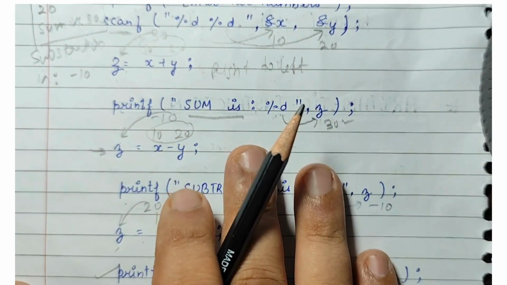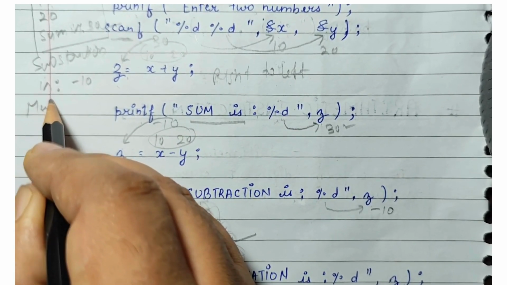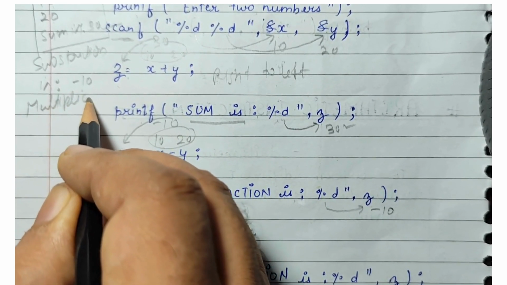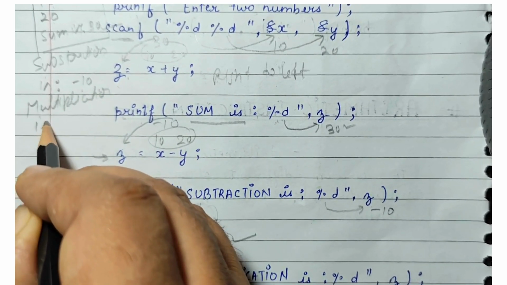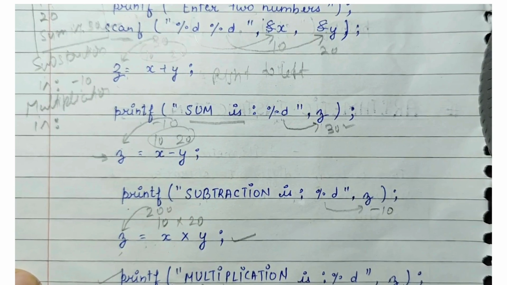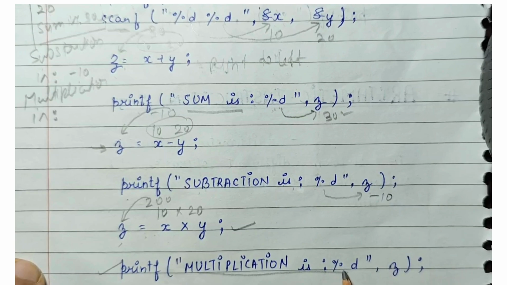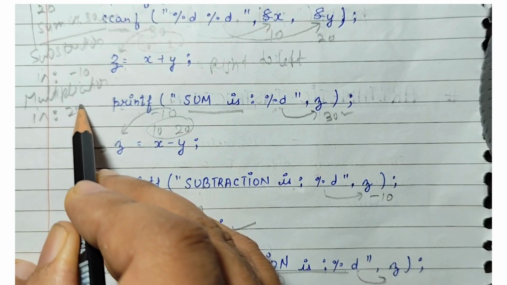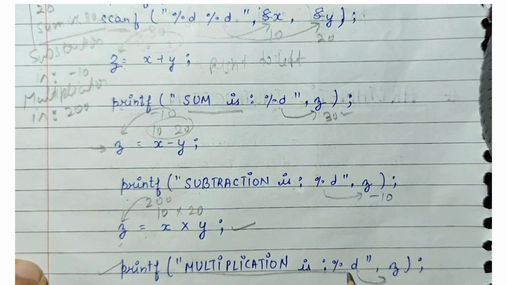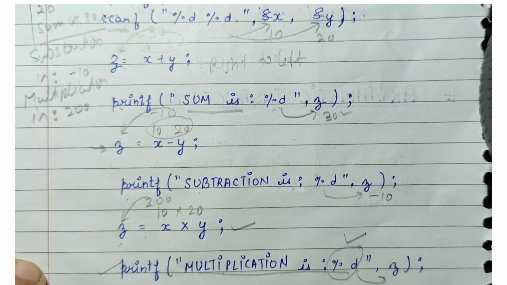In the output, "Multiplication is:" will display as such. After this, %d refers to this z variable, so the 200 value will display. If you do not include %d here, the compiler gives you an error. It is mandatory to include %d because a format specifier is required in both printf and scanf statements.